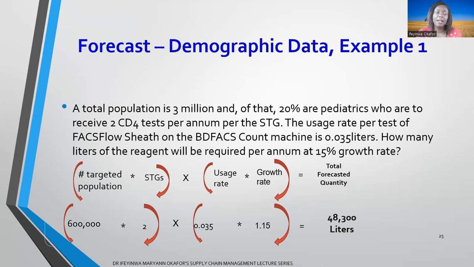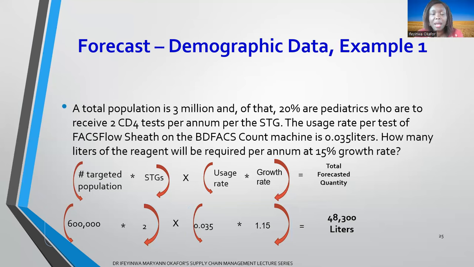Remember the formula: targeted population times standard treatment guide multiplied by usage rate and growth factor gives you the total forecasted quantity. The targeted population here is 20% of 3 million, which gives us 600,000 pediatrics in that environment. The standard treatment guide is 2 CD4 tests per annum.